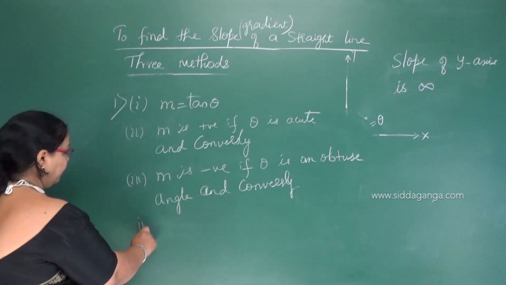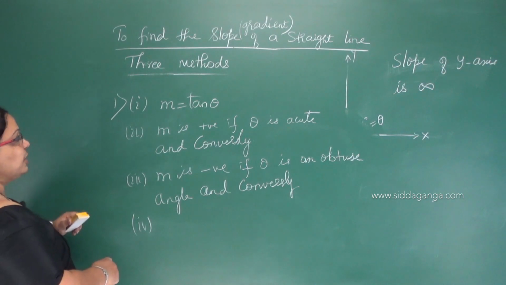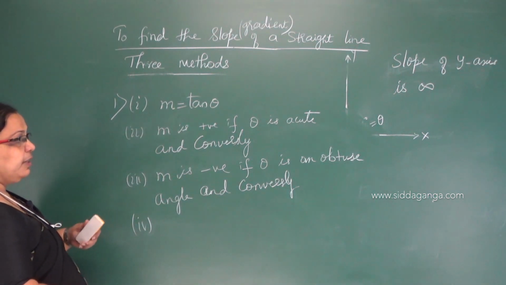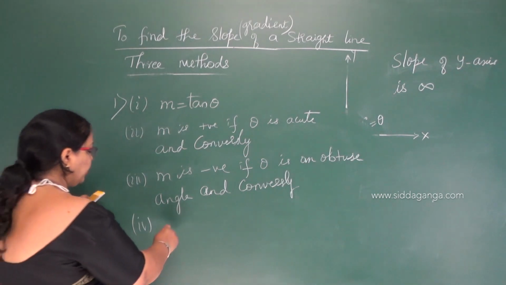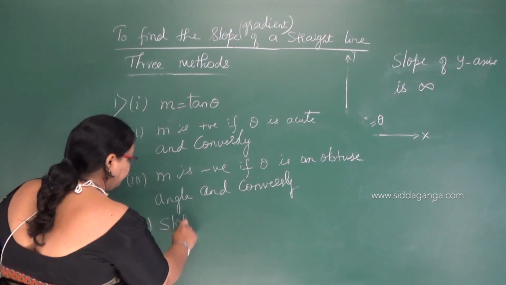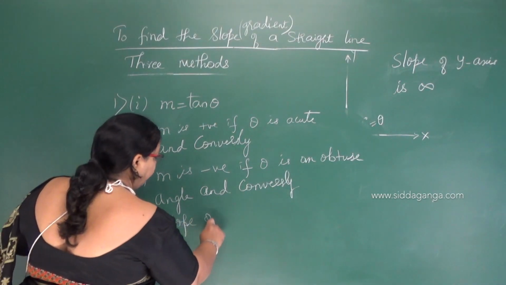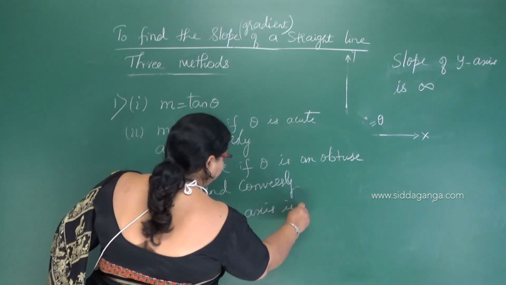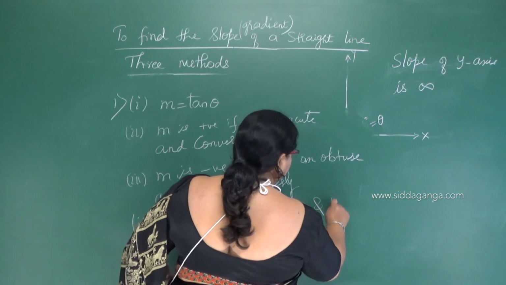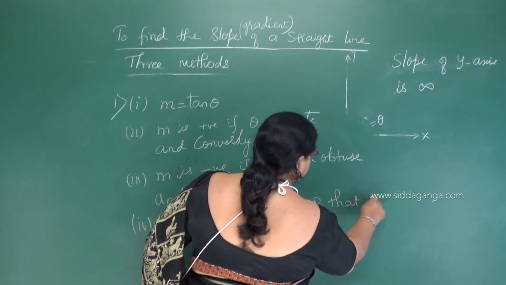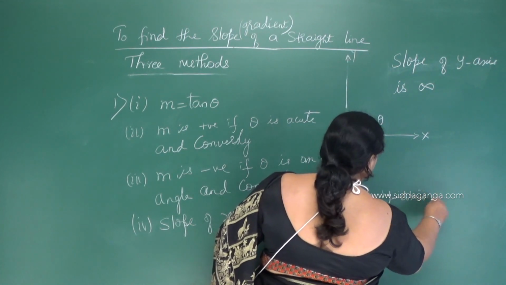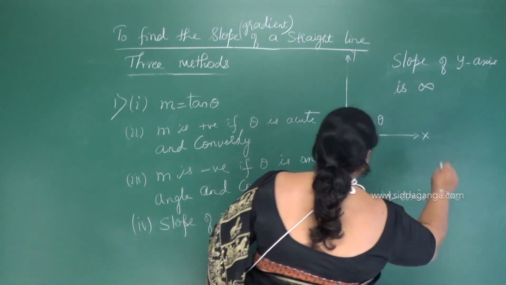Next. ನಾಲ್ಕನೇದು ಬಂದು ಸೊ ಸ್ಲೋಪ್ ಈಸ್ ಪಾಸಿಟಿವ್ ಆರ್ ನೆಗೆಟಿವ್ ಟೇಕನ್ ಬರುತ್ತೆ. ಈಗ ಸ್ಲೋಪ್ ಆಫ್ ಎಕ್ಸ್ ಆಕ್ಸಿಸ್ ನೋಡಿ, ಸ್ಲೋಪ್ ಆಫ್ ಎಕ್ಸ್ ಆಕ್ಸಿಸ್ ಈಸ್ 0 and that of y-axis is not defined.